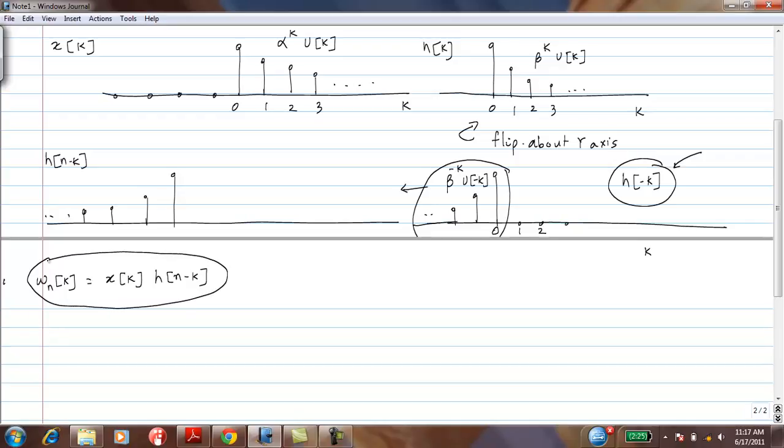This intermediate signal will take different forms for different values of n. Mathematically, it may be expressed by different functions for different values of n.